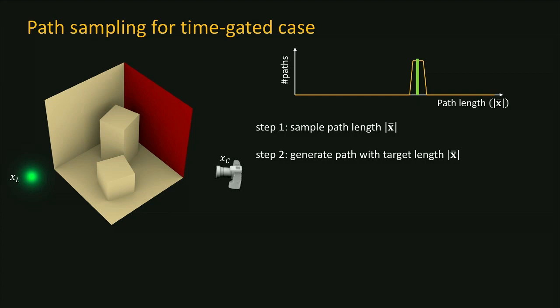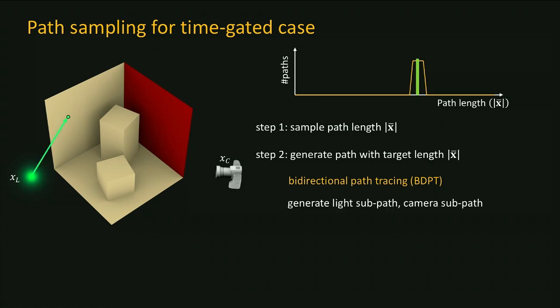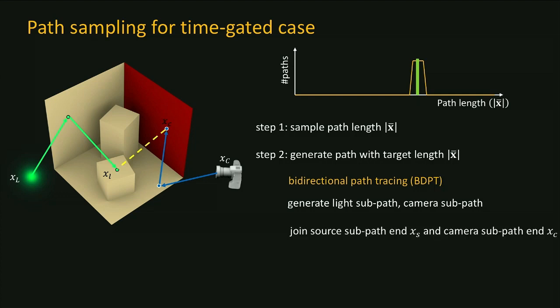Our starting point for the second step is bidirectional path tracing. In standard bidirectional path tracing, we generate 2 subpaths, one starting from the light source and one starting from the sensor, and then we join the source subpath end and the sensor subpath end to create a valid light path. Because of this last step, we have no control over the path length generated by the bidirectional path tracing.